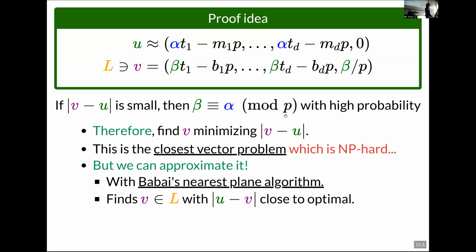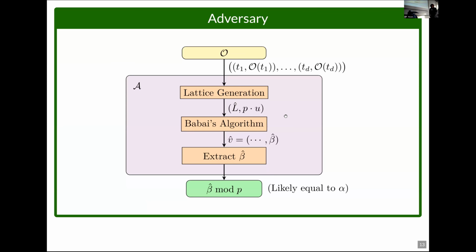So we have some fudge factor here. Okay, so this is the overall idea of the adversary. We get our input-output pairs. We generate our lattice. We apply Babai's algorithm. And from the output of Babai's algorithm, we can extract this beta. And hopefully, likely, this beta will be congruent to alpha. So we can extract our alpha.